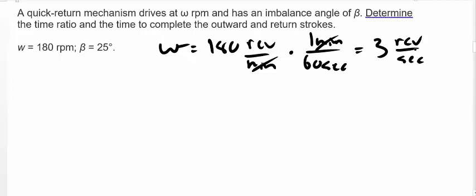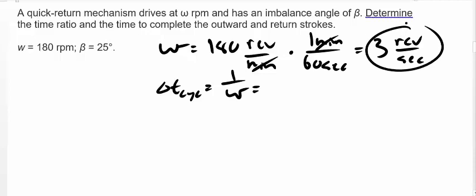So if we invert this, delta t of the cycle is equal to 1 over omega, basically just flipping over the omega. So flip that over, and we know it's going to be 0.333 seconds per revolution.